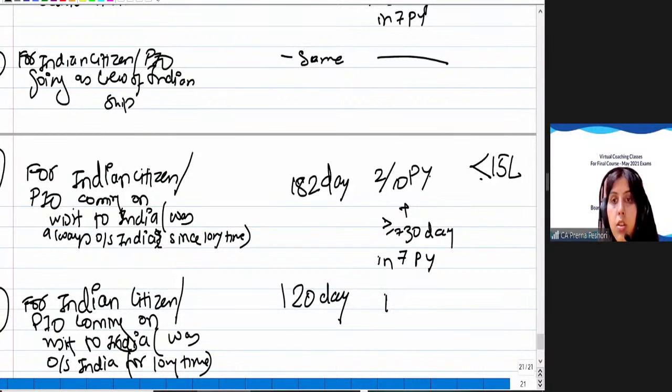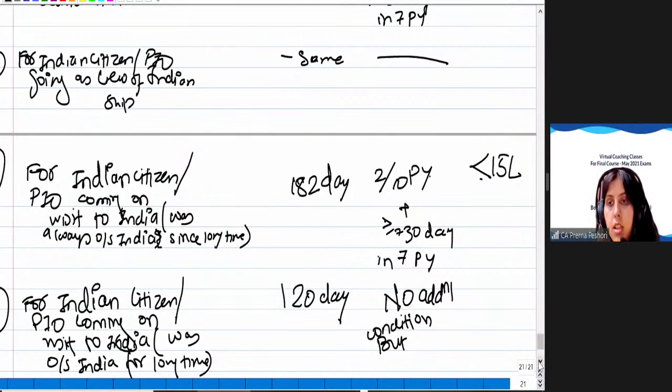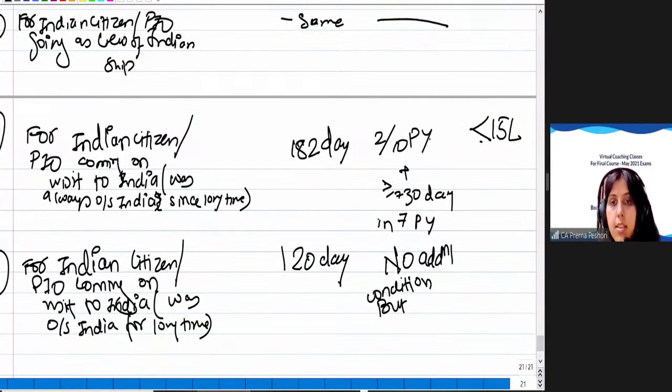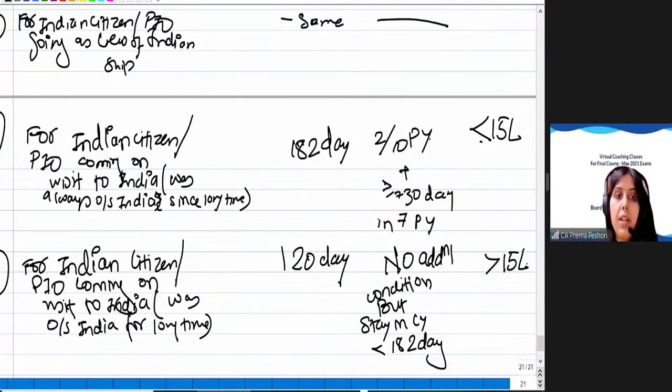No additional condition, but stay in the current year less than 182 days, and income greater than 15 lakh.